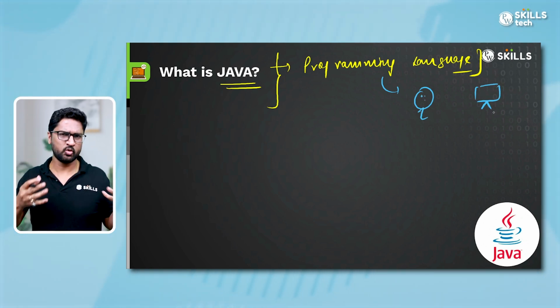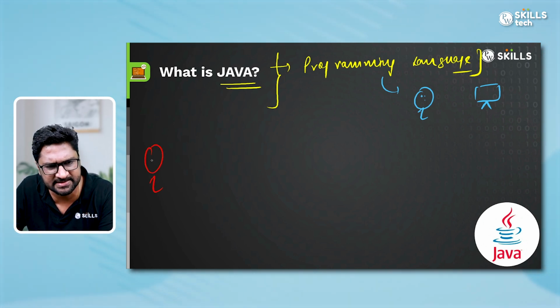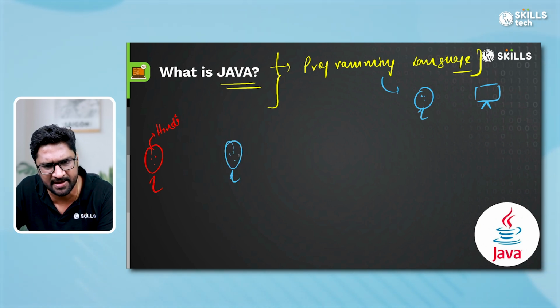See, even in our human world, let's say that if I am from India, I only know how to speak Hindi. And there's another guy, let's say this person is from Japan, who only knows how to speak Japanese.